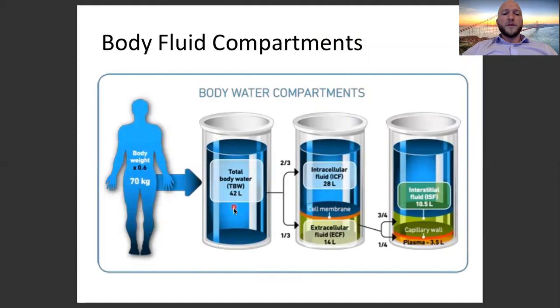Body fluid compartments. I feel like a lot of students kind of brush this slide to the side, but this actually has a lot of clinical application. It's important for doctors to know how much fluid is in different compartments within a human.